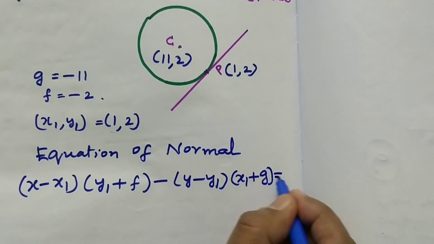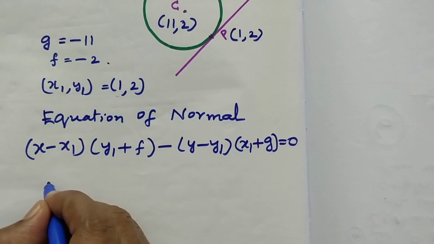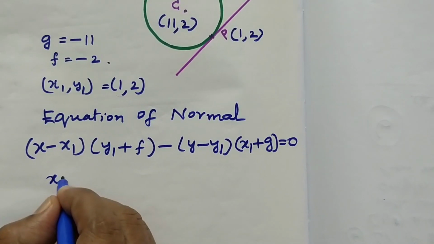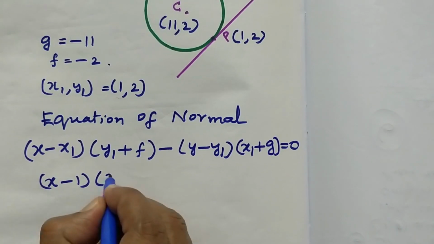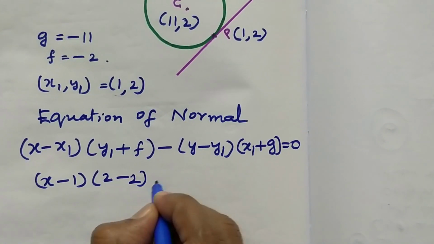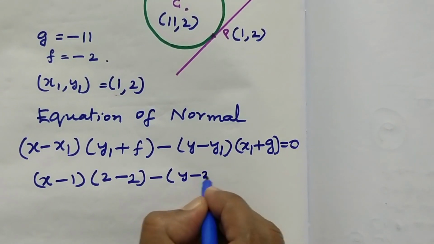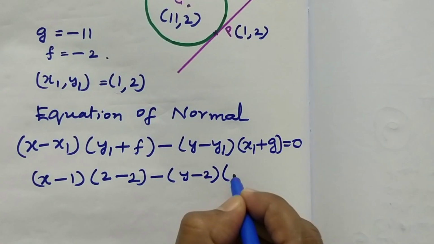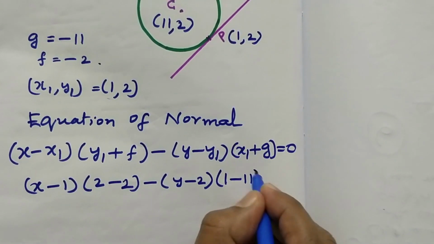Let us substitute the values. (x minus x1, that is 1) into (y1 is 2 plus f is minus 2) minus (y minus y1, that is 2) into (x1 is 1 plus g is minus 11) is equal to 0.